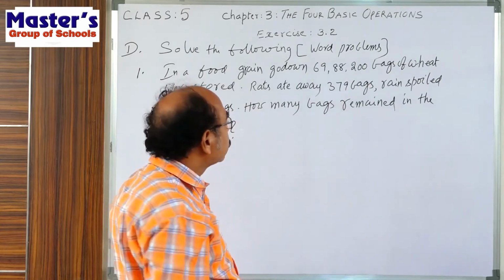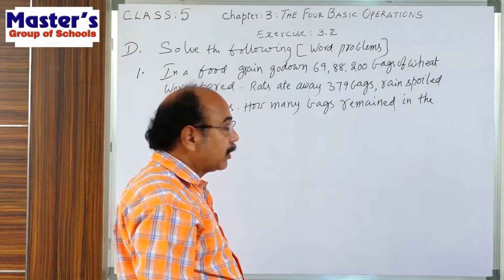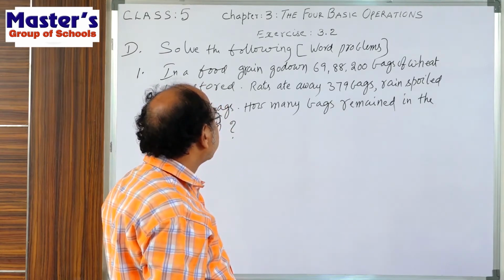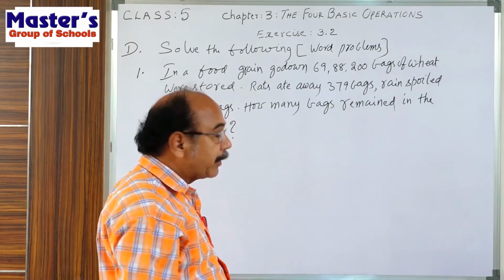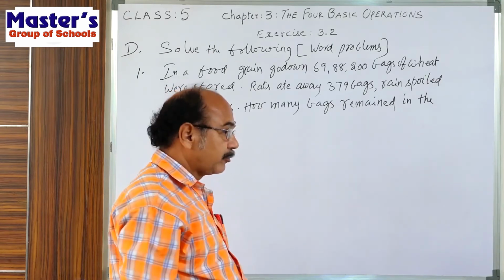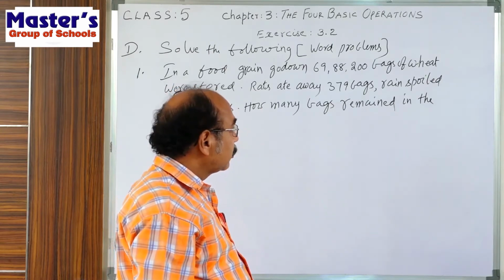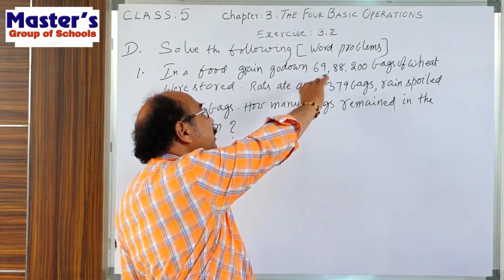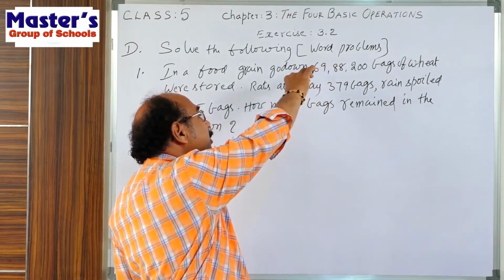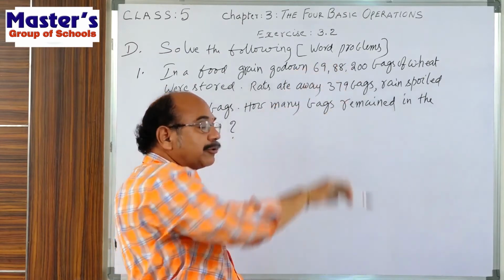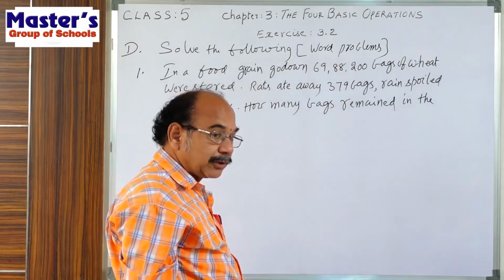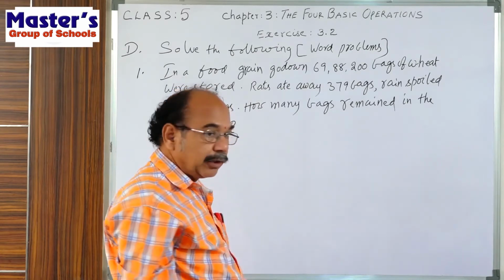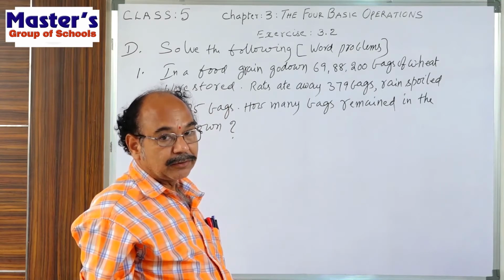Total number of bags spoiled by rats and by rain. That number you subtract from the number of bags there in the godown in the very beginning, 69,88,200. From that number, subtract. Then you get the bags remained in the godown. Okay, children?